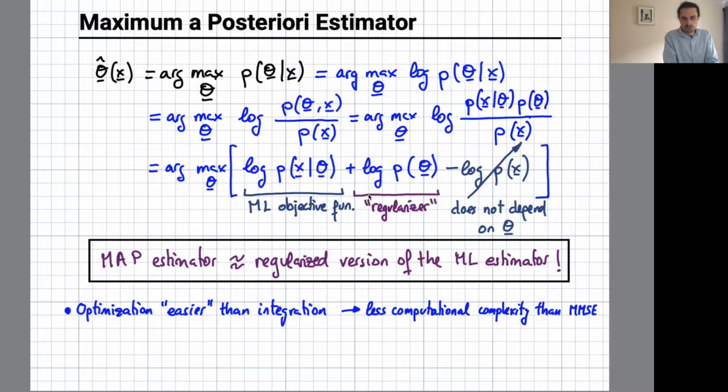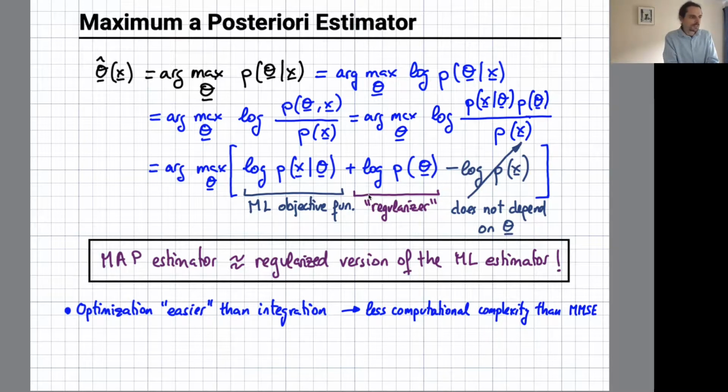And therefore, the resulting MMSE estimator can typically be easily computed, right? However, in the general case, one cannot solve that integral in closed form, and therefore one needs to resort to numerical integration.